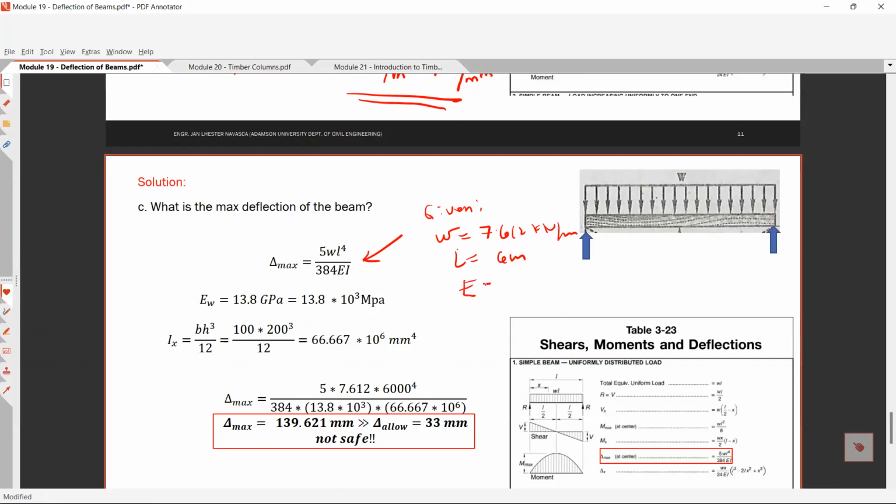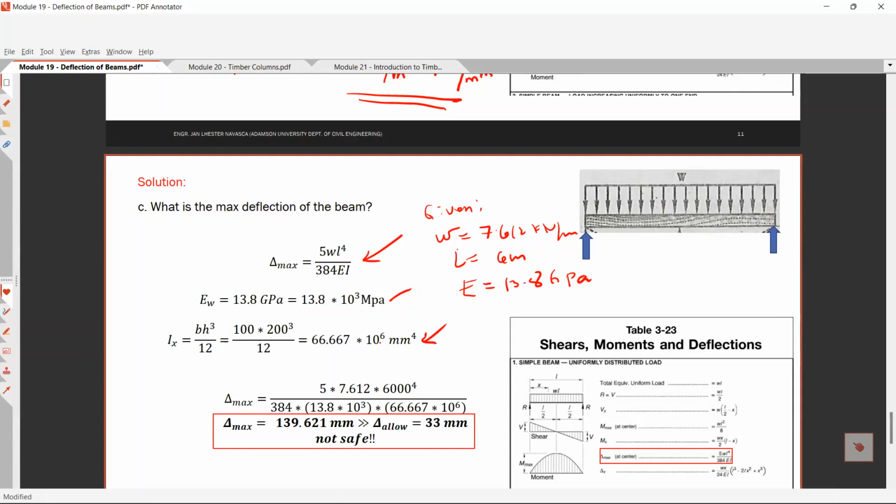The E is 13.8 GPa. Okay. So, hahanapin natin sila. Okay. So, convert natin 13.8 GPa. That is 13.8 times 10 raised to 3 megapascal. The inertia is bh cubed over 12 since rectangle yan. So, you have this inertia in terms of millimeter raised to 4.